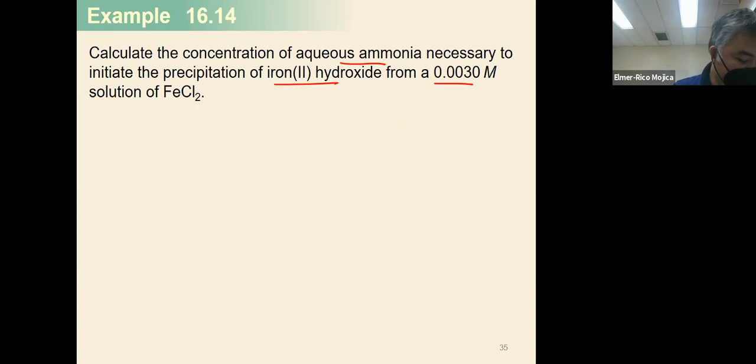How are we going to look at this? You need to determine the concentration of your ammonia. If you look at the reaction, this is NH3 reacting with H2O to produce NH4 plus and OH minus.